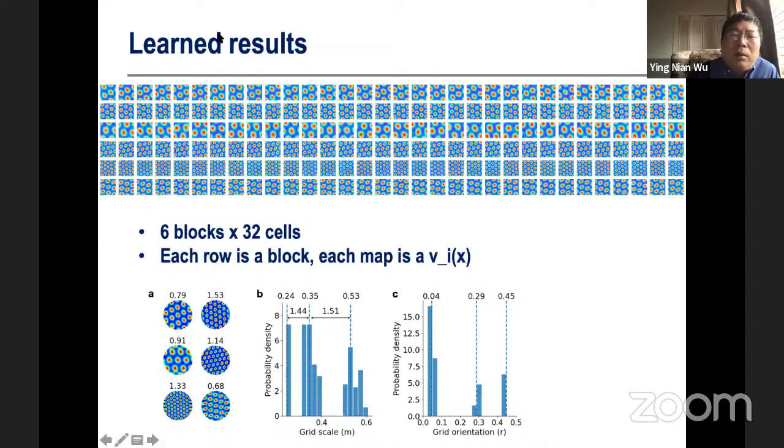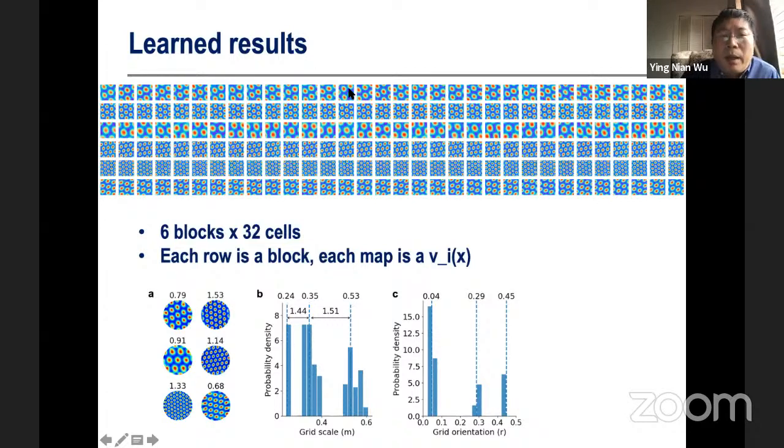So we have multiple blocks, multiple modules, and then we can learn grid cell patterns. We can actually learn very regular hexagon patterns. In this example, we have 6 blocks, and each block has 32 cells. So each row is a block, and each map is the map of a single grid cell.